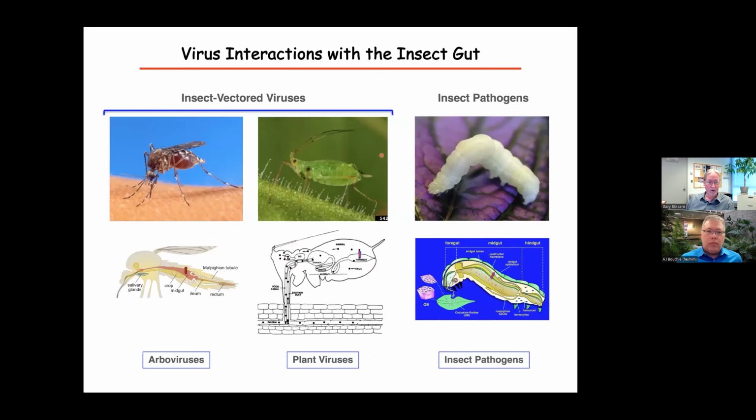For example, viruses like arboviruses that are vectored to humans and other mammals by mosquitoes have to accomplish the same goal of moving through the midgut cell, and their envelope proteins have to do the same thing so that the virus can bud through into the circulatory system.